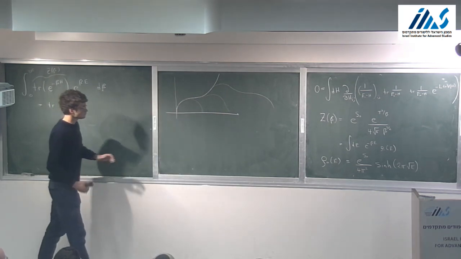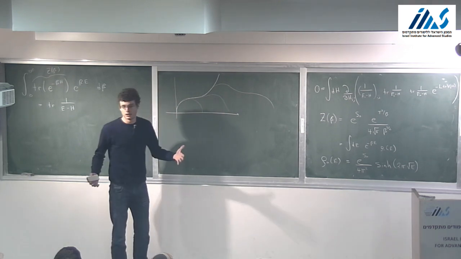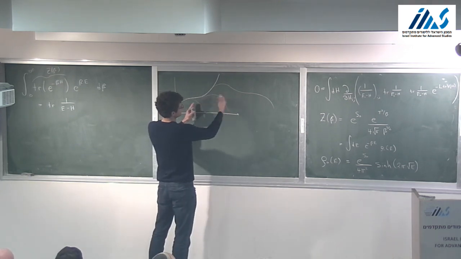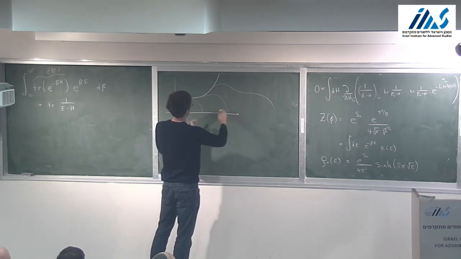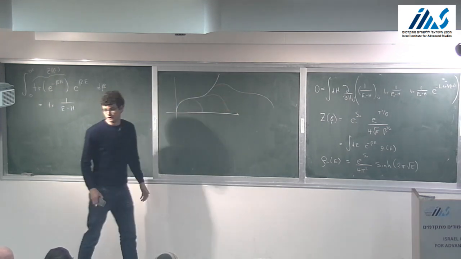As we move between them, we'll have to increase L, the dimension of the matrix, because we're trying to reproduce a function with a larger integral. And in the limit where we're trying to reproduce this function, we'll have to take L to infinity.